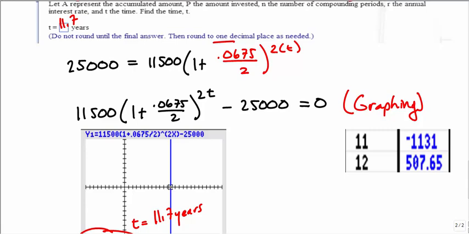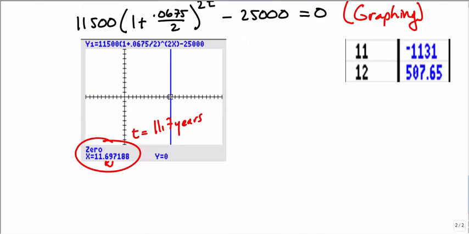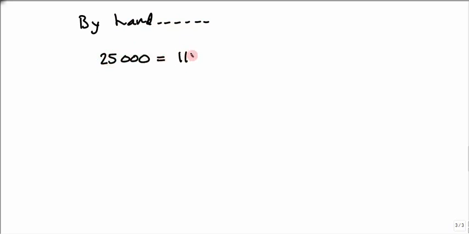Now, how would we do the same work by hand? Well, we'll start with our original, and we'll isolate the exponent and the base, and then we'll work from there. So I think we'll need a new page for this. By hand, we would have 25,000 equals 11,500 times (1 plus 0.0675 over 2 compounding periods) to the 2t.